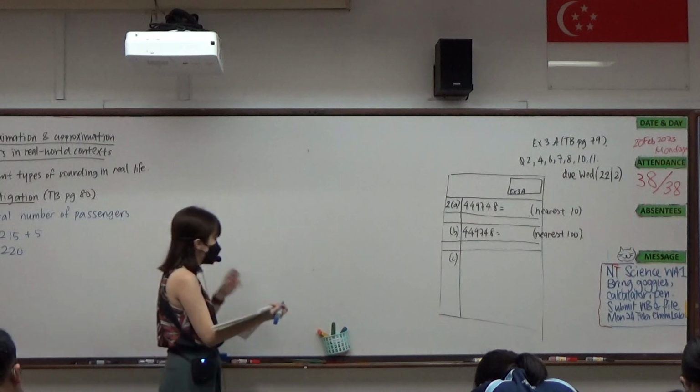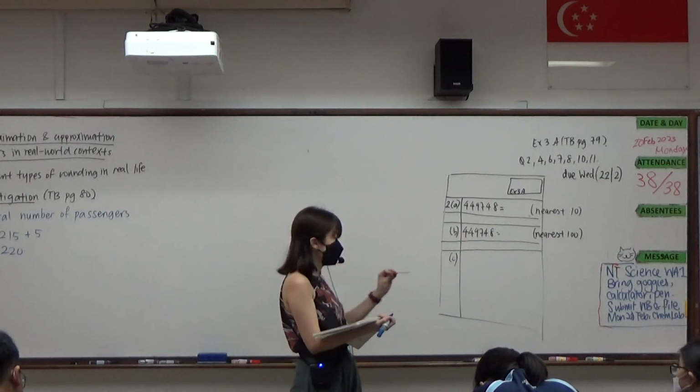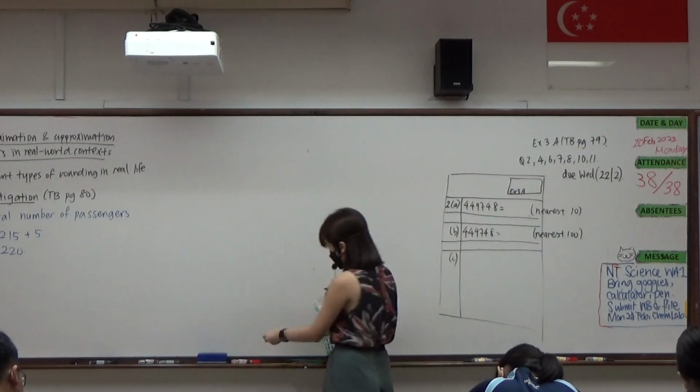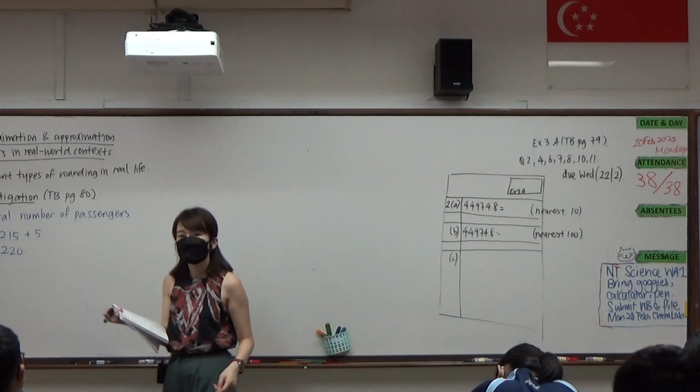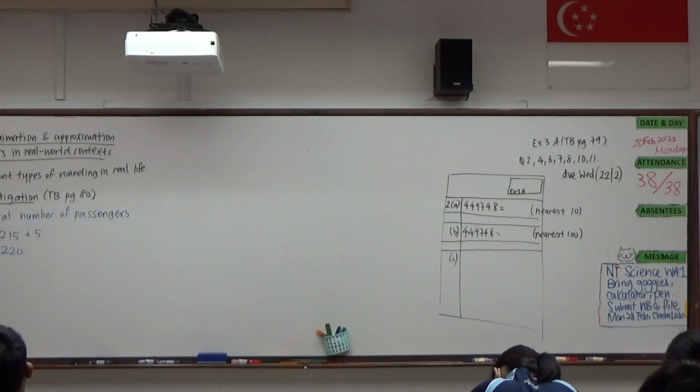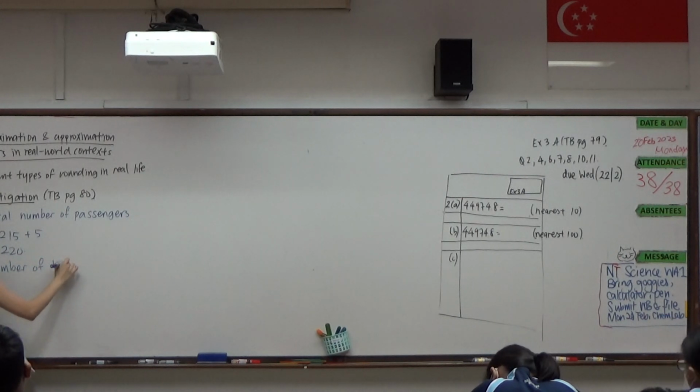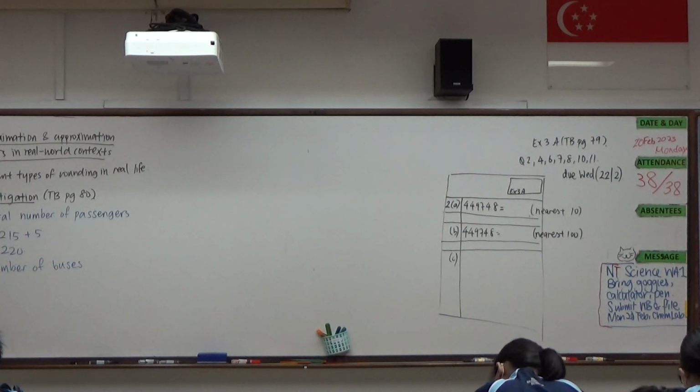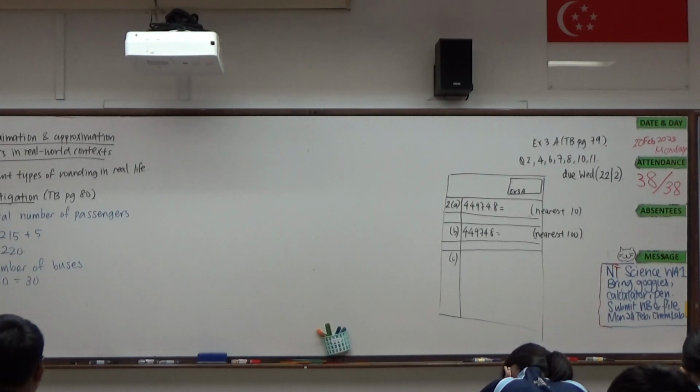After we find the total number of passengers, what will you do? Carmen, what do you think? Divide by 30, right? So naturally, since we have already learned division, we will find the number of buses by taking 220 divided by 30, since one bus can take 30. And then we realize that our calculator will give us 7 and 1/3.